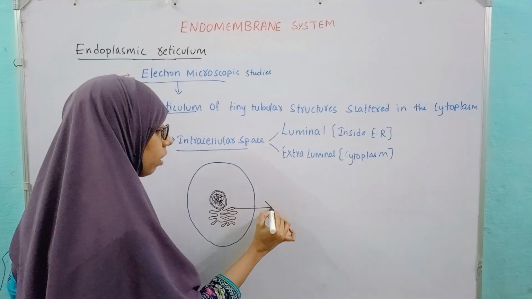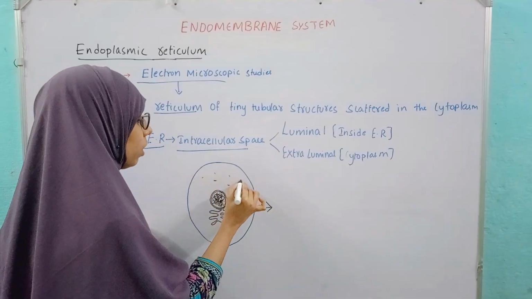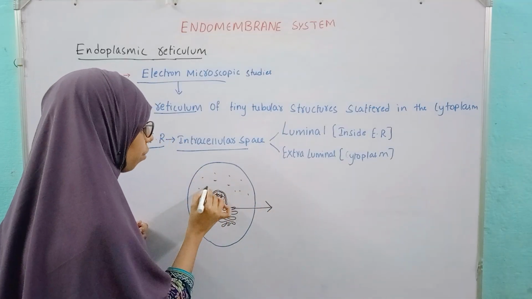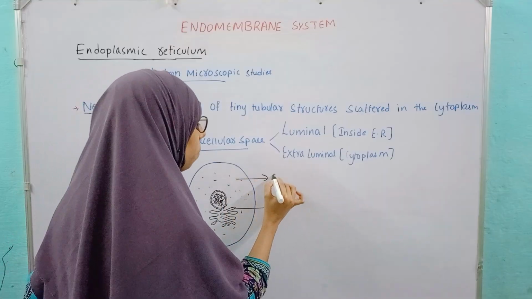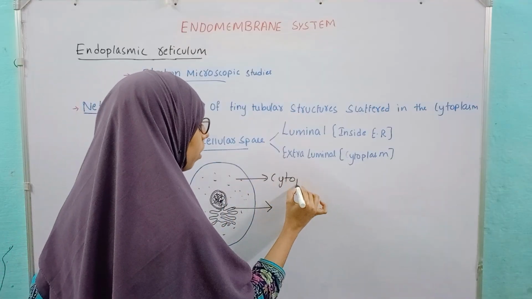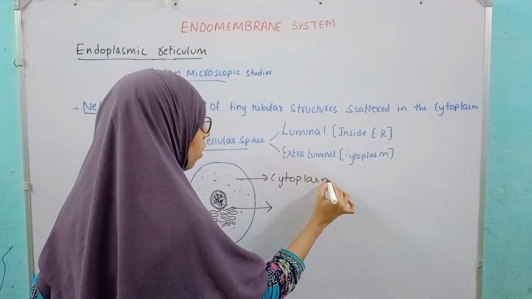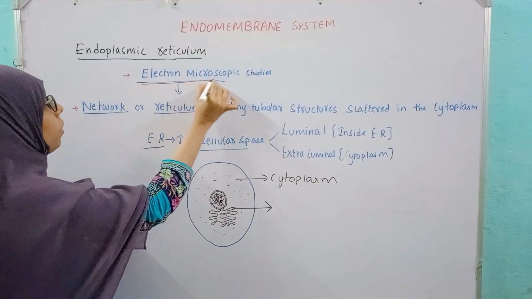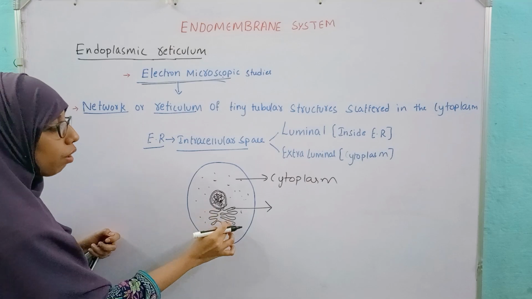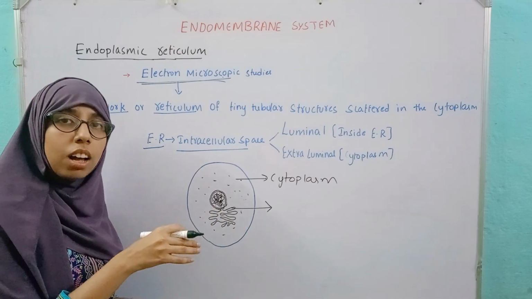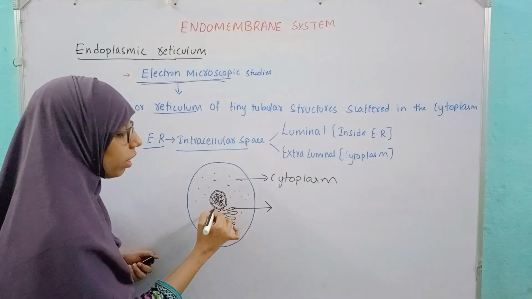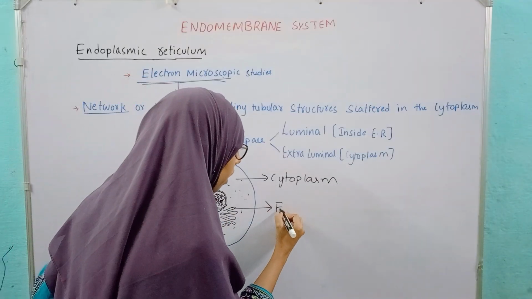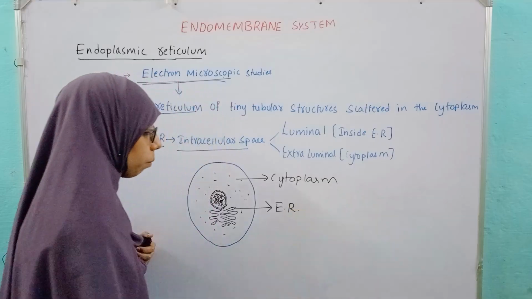The cell is filled with a fluid called cytoplasm. Electron microscopic studies showed that there is a network of tubules present in the cytoplasm in a scattered manner, and this network we call endoplasmic reticulum.